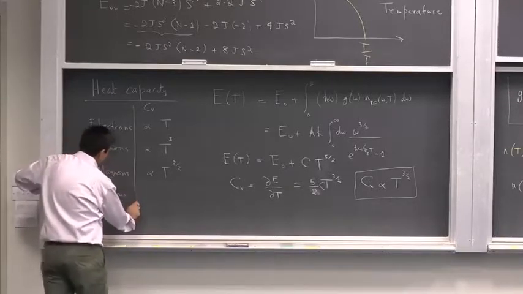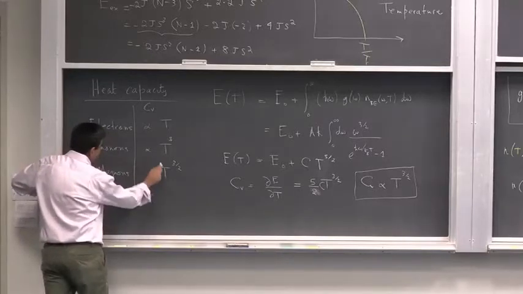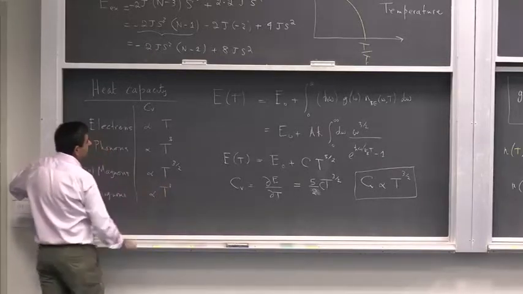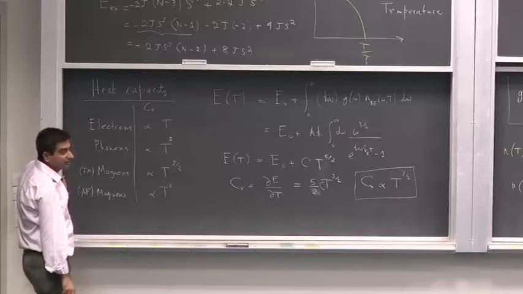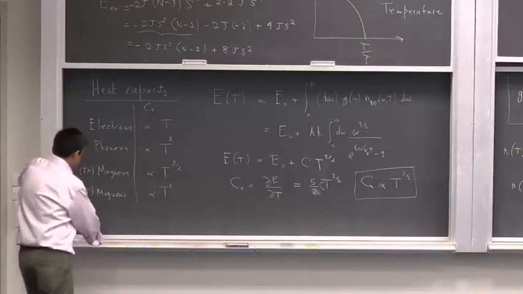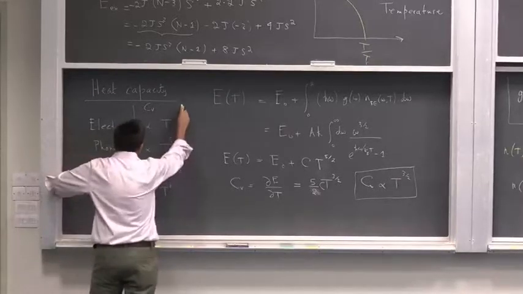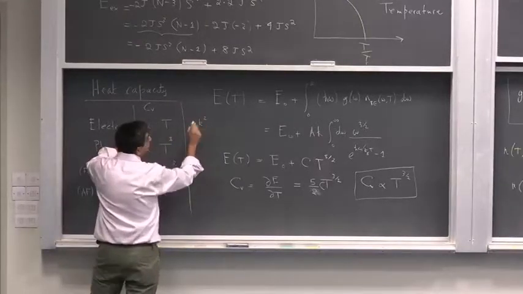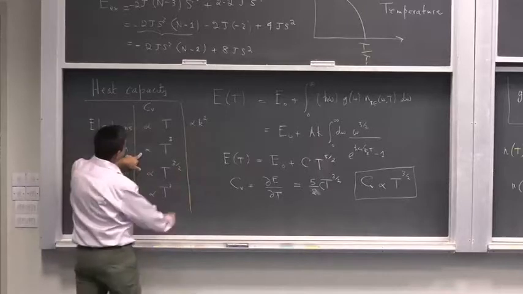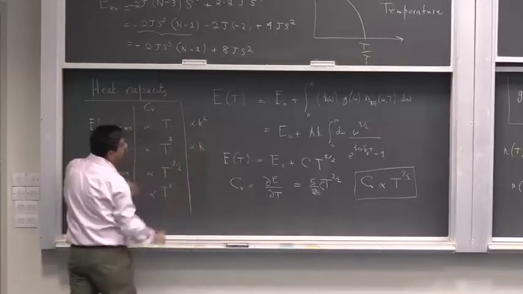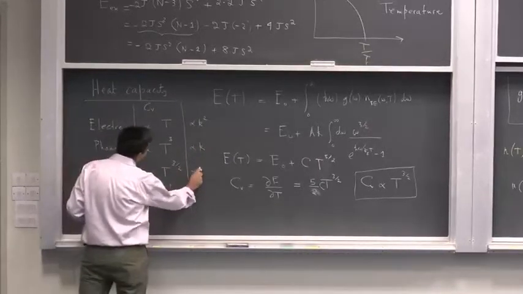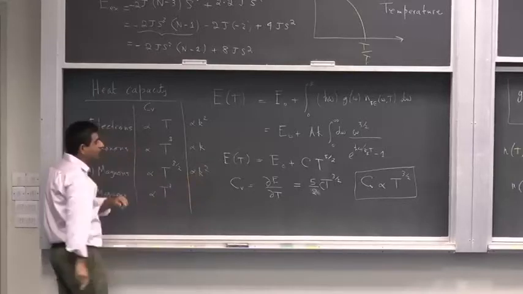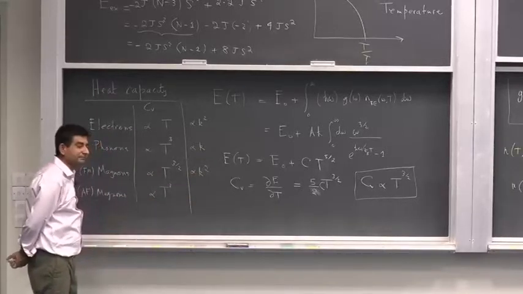And you will find that the heat capacity will once again depend upon T cubed. Remember, in the low temperature limit, omega is proportional to k squared for electrons. It's proportional to k for phonons, and once again it's proportional to k squared for magnons inside ferromagnets.